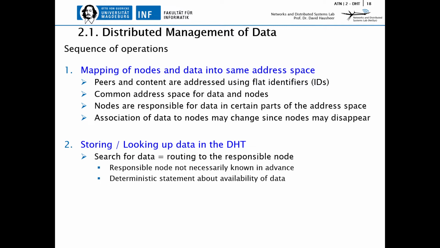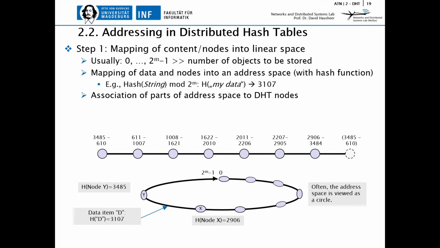This node that is responsible for that data item may not necessarily be known in advance, so you only know it once the query gets closer to that node, and then that responsible node is able to make a definitive statement about whether or not that particular data item that is queried for is available in the network.